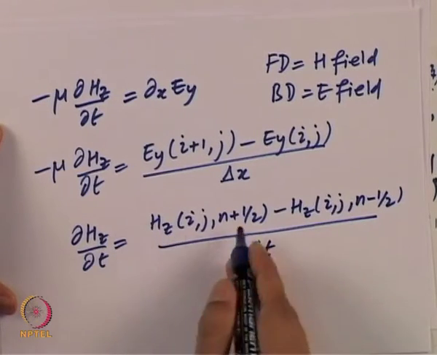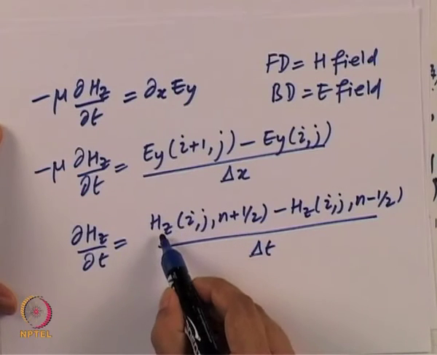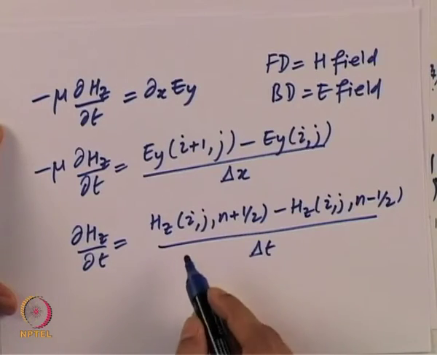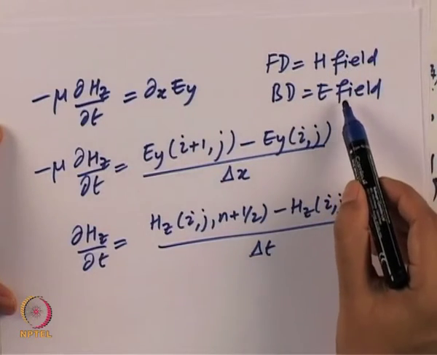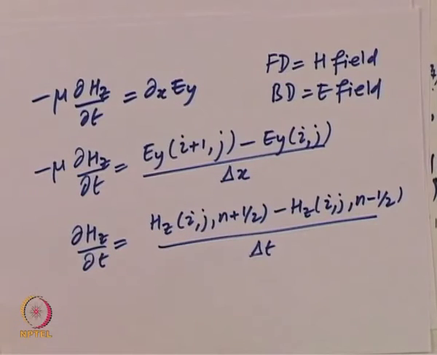So we are doing half time stepping, leapfrogging for the H field and E field in the time stepping, and we are doing forward differencing and backward differencing for the spatial domain as we have explained here.